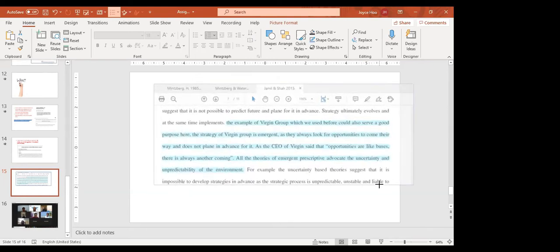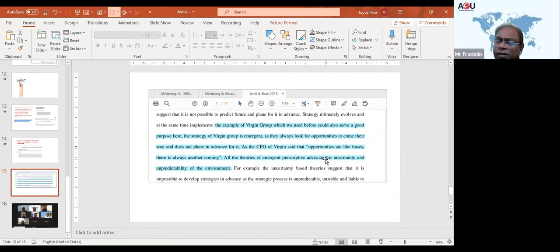Let me give an example of Virgin Group in an article. This Virgin Group hit a bump on the road. They had a strategy and they hit a bump on the road. He says the example of Virgin Group, which we used before, could serve a good purpose here. The strategy of Virgin Group is emergent, as they look for opportunities to come their way and do not plan in advance for it.